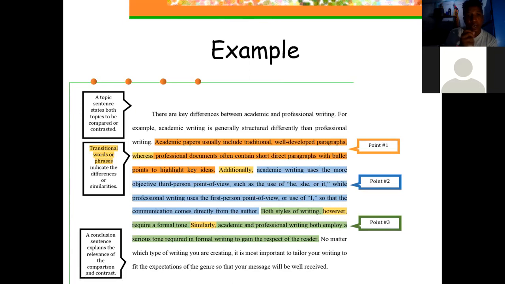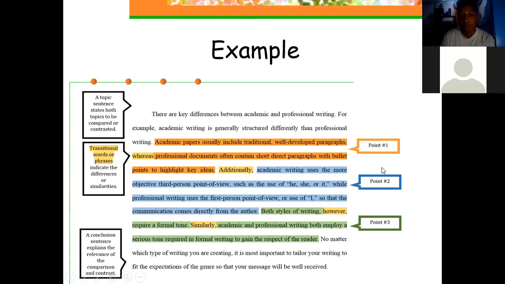state both topics to be compared and contrasted, or only compared, or only contrasted. If you want to compare and contrast at the same time, that's excellent, right? Because this is the idea about it.